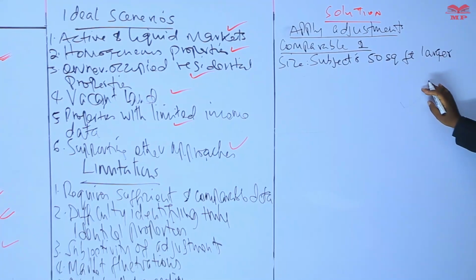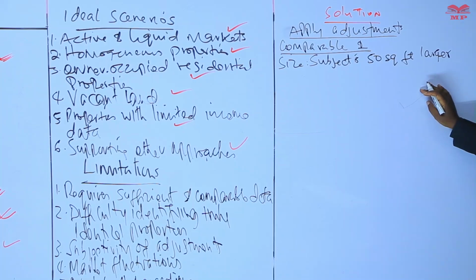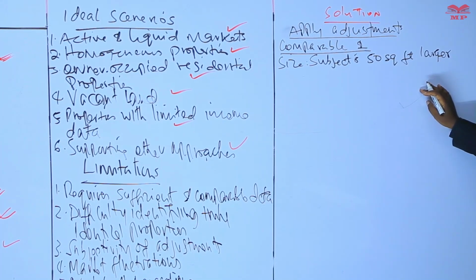And what does the question read? Look at the market knowledge. We read on size difference, each extra 50 square feet is worth approximately 200,000 shillings. So the subject is 50 square feet larger. So what do we do? We are given the value of this 50 square feet.